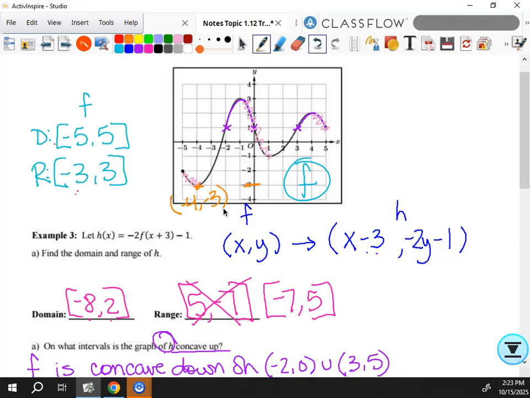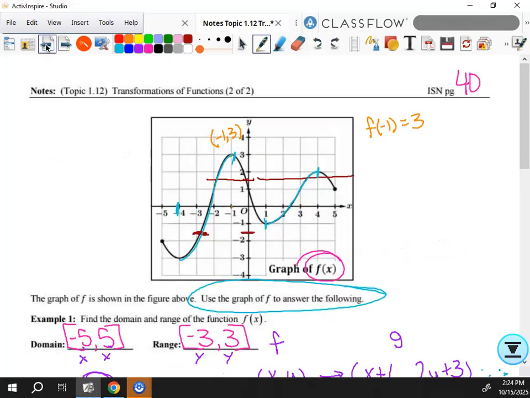So, do you agree then that f of negative 4 equals negative 3? Just like y'all were fine with it over here. You were fine with it when we came up with this ordered pair. And I said that ordered pair is negative 1, 3. That means f of negative 1 equals 3.